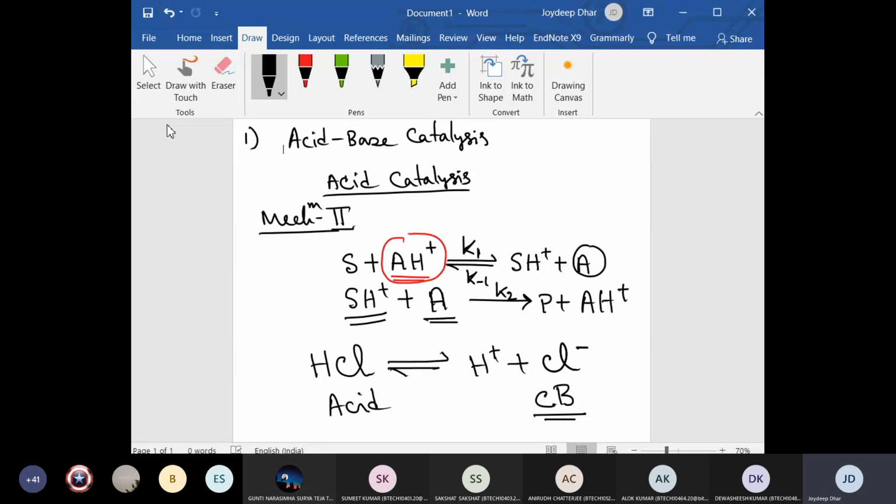Just like if you have starch, you can convert it into maltose by diastase, and maltose you can convert into glucose by maltase.